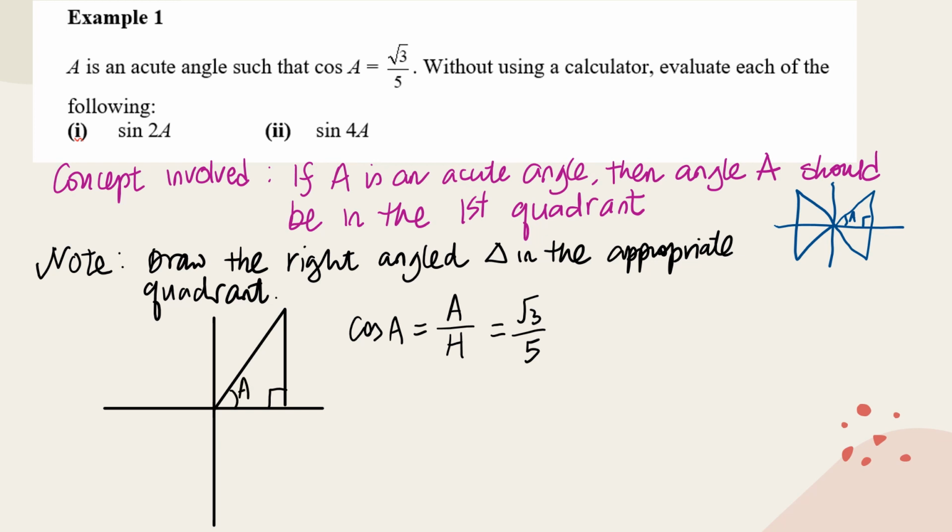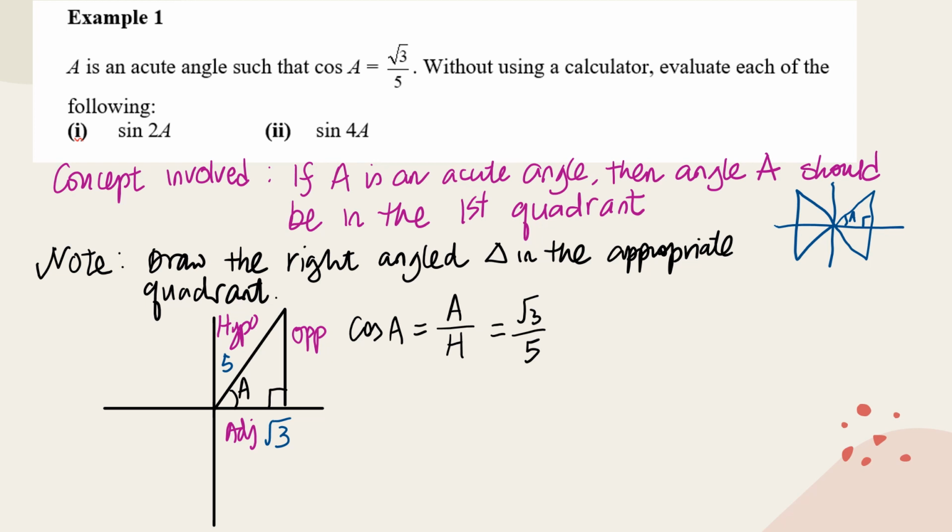So let's label the angle A first, and let's label all the 3 relevant sides. Alright, so let's fit in the length for the adjacent side, which is square root 3. The hypotenuse will be 5.